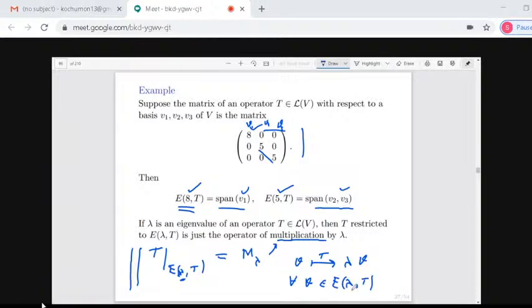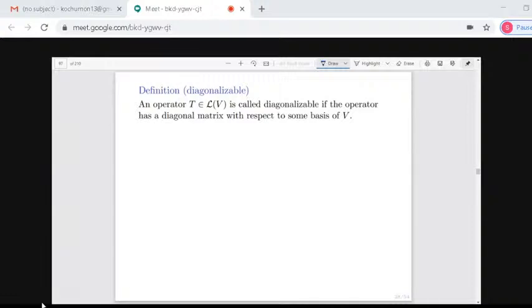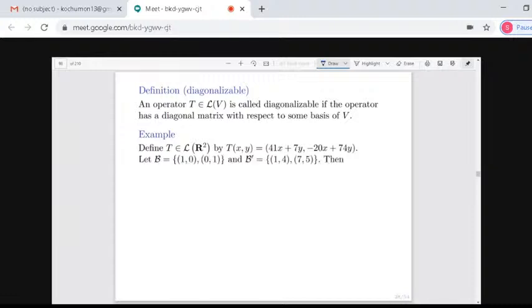Okay, so now we come to diagonalizability. An operator T is called diagonalizable if the operator has a diagonal matrix with respect to some basis of V. We see an example first, and this also you have to verify. Consider two bases. The first basis is our standard basis. The second is a carefully chosen basis for my need.